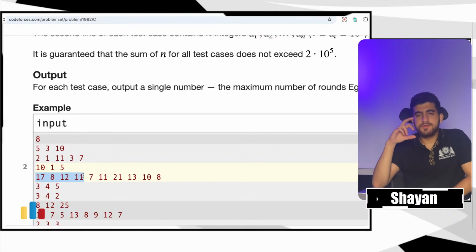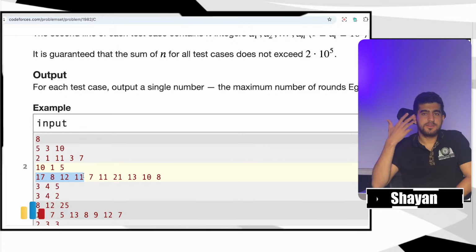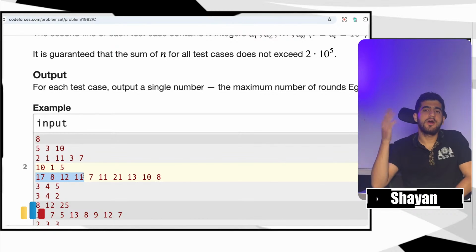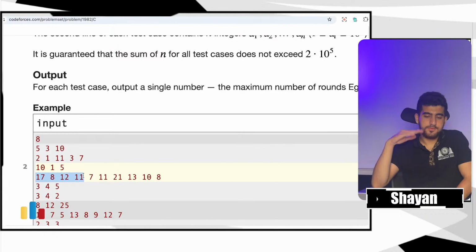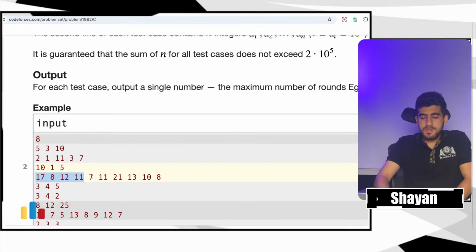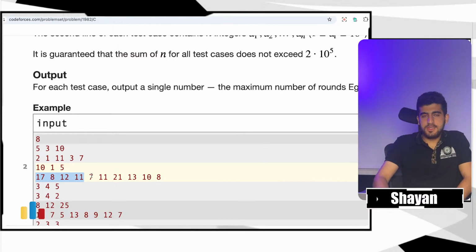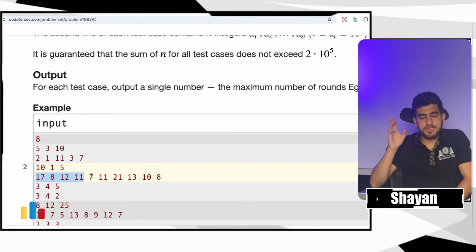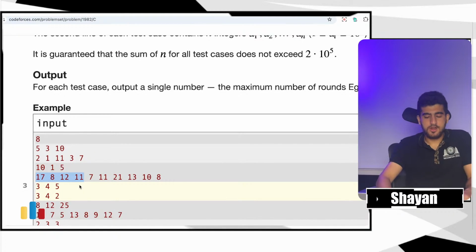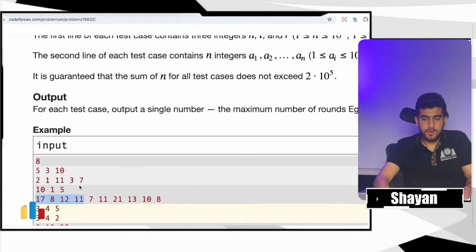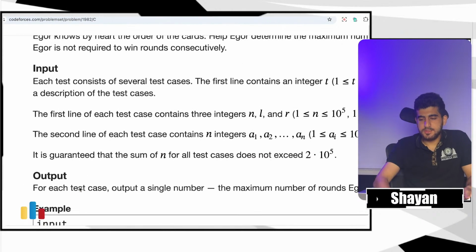If the sum of those values is between L and R, he gets one additional score. Otherwise, he will not win this round. He wants to win as many rounds as possible. You have to say how many rounds he can win in total. He can play as many rounds as he wants, removing these cards in as many rounds as he wants. At the end, he wants to maximize his score.